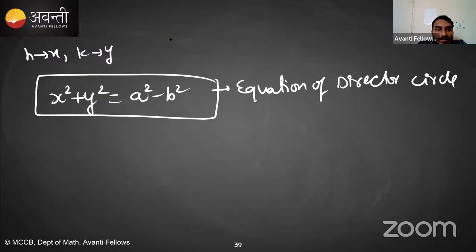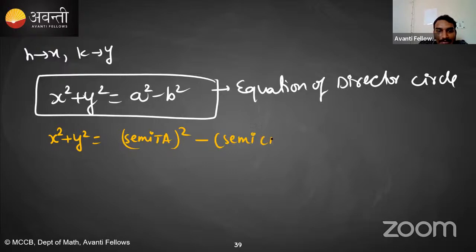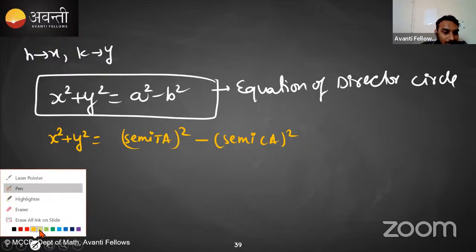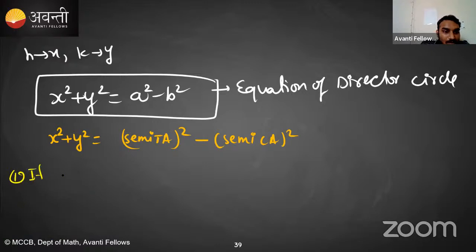Students, there is a very interesting thing going on here. In the director circle, x square plus y square is equal to a square, what is a? You can say that is the semi-transverse axis squared. Yes or no? What is b? Semi-conjugate axis squared, right? Yes or no? So it means if a square is greater than b square, means the semi-transverse axis is greater than the semi-conjugate axis, yes or no?